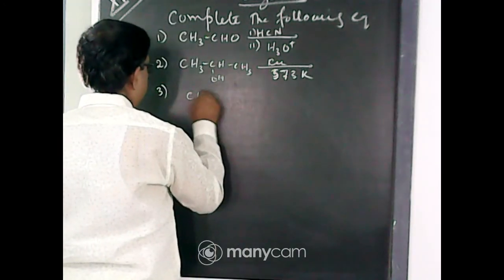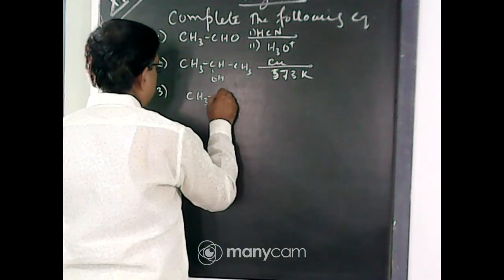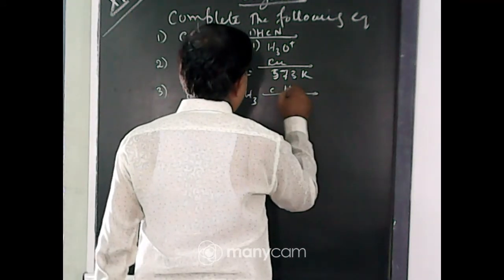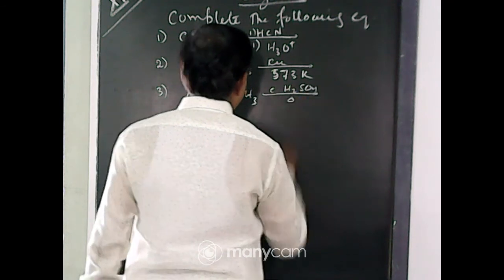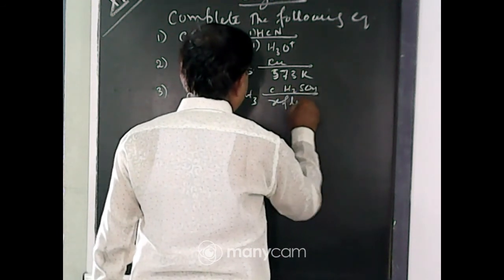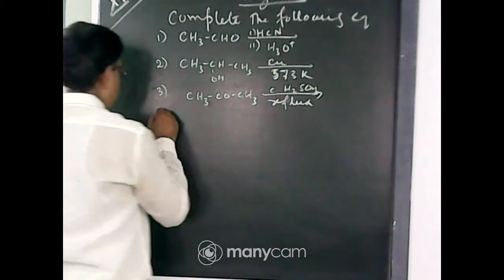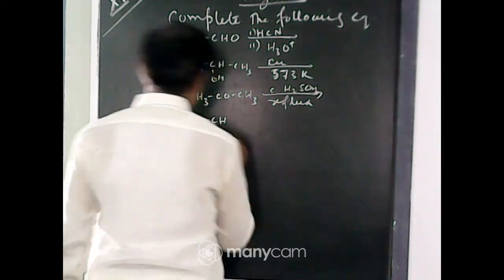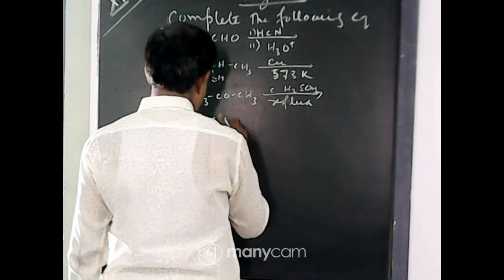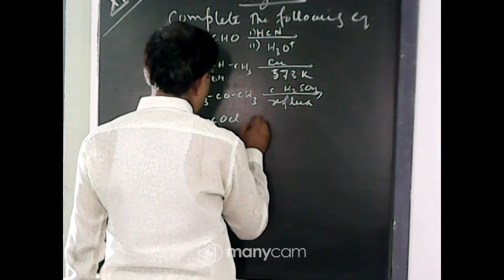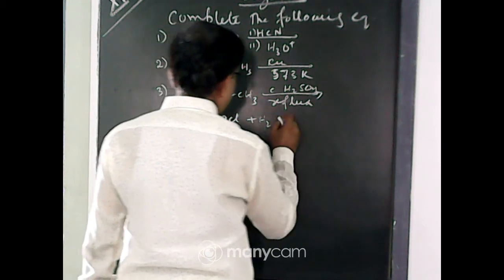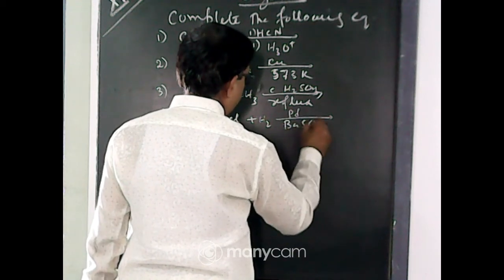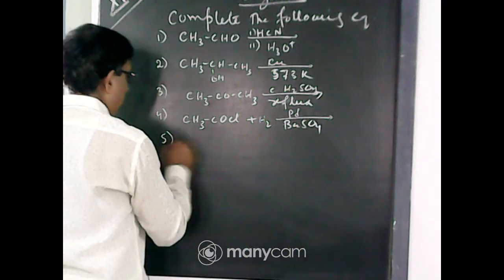Number 3, CH3COCH3 with concentrated sulfuric acid on reflux. Number 4, CH3COCl plus hydrogen with Pd, BaSO4.